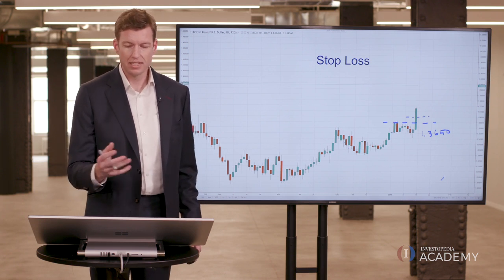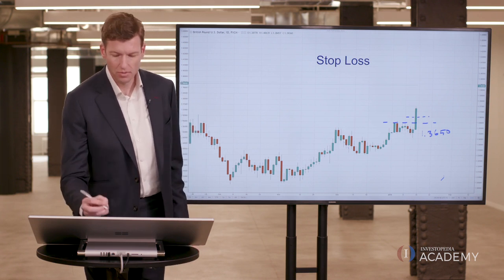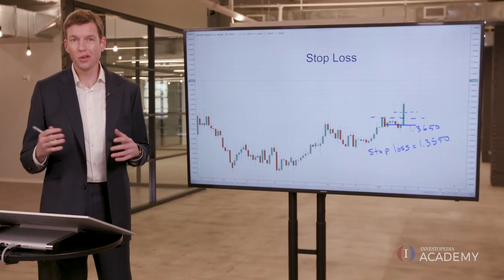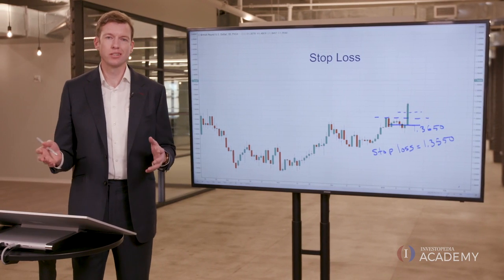So they want to set a stop loss, and let's just assume that they set a stop loss order somewhere underneath where they originally got in. Let's assume that they've set a stop loss order at 135.50. So this means that they've put a stop loss basically 100 pips under their original entry.